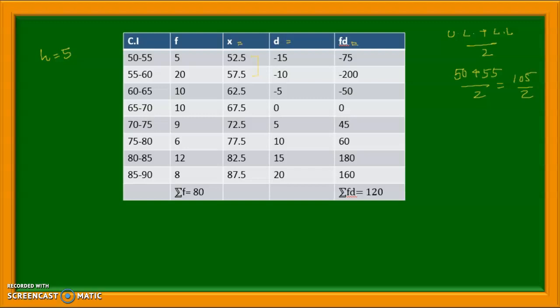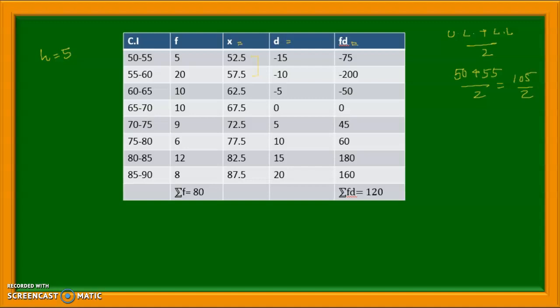So 52.5 plus 5 you will get 57.5, and adding 5 to this one you will get the next one, and the next one. No need to add all these and divide. Simply find the class interval size, check that each class interval has the same size, then find the first class mark xi using this formula and add the class size to that to get the next one. So successively you will get the class marks here.